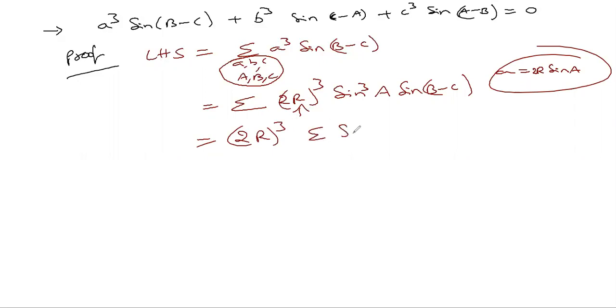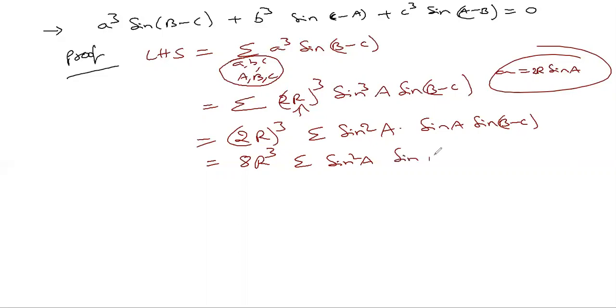Sigma sine square A into sine A into sine(B minus C). We can write sine cube A like this; I have separated it. Now in the next step, it is 8R cube into sigma sine square A into, here sine A means sine of (B plus C).